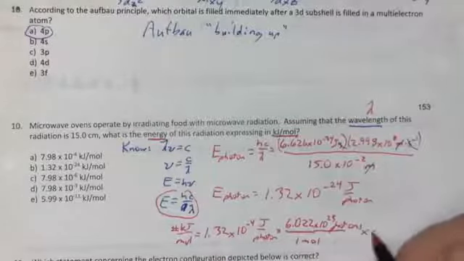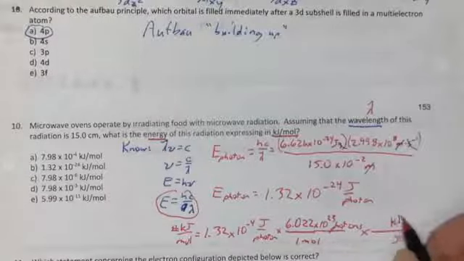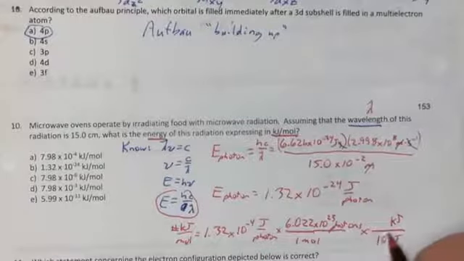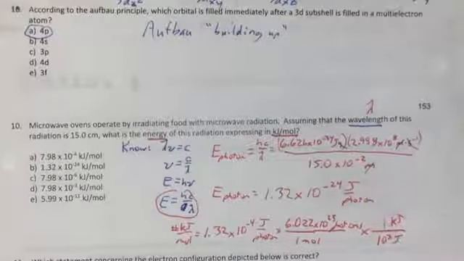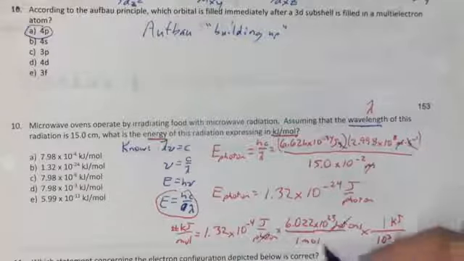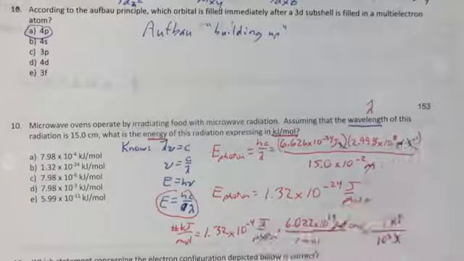and I'm going to convert joules to kilojoules. I put joules in the denominator, so it will cancel. Kilo means 10 to the power of 3, so I put 10 to the power of 3 with the unprefixed unit. So photons cancels, and joules cancels. This leaves me kilojoules per mole.